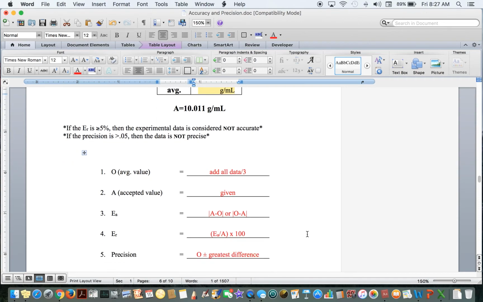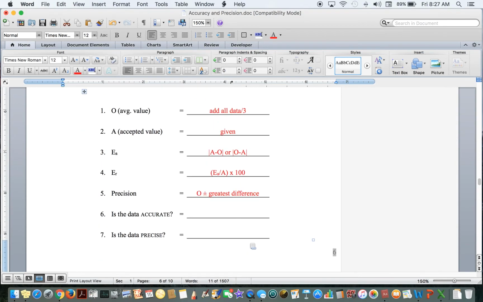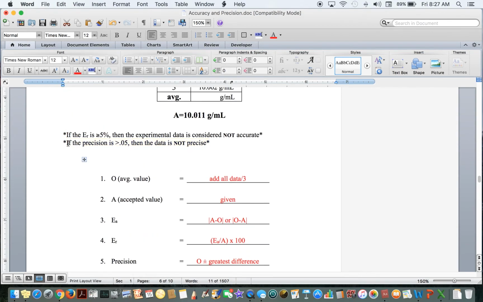Now, in regard to precision, again, we have the precision parameters listed in every experiment. In this case, if your precision is greater than 0.05, then your data is not precise. So you'll have to judge on whether your data is precise based upon this parameter right here.